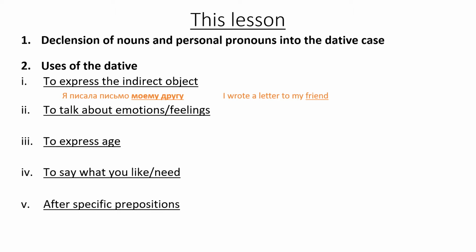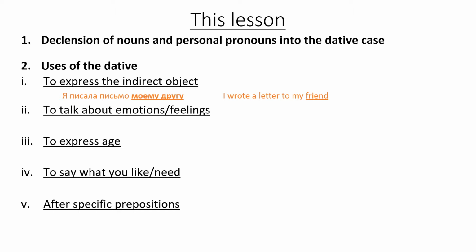So in Russian, if there's a possessive pronoun or an adjective which characterizes the indirect object, so something that agrees with the indirect object, then this also declines into the dative case, as we can see here. So я писала письмо, I wrote a letter, моему другу, to my friend.